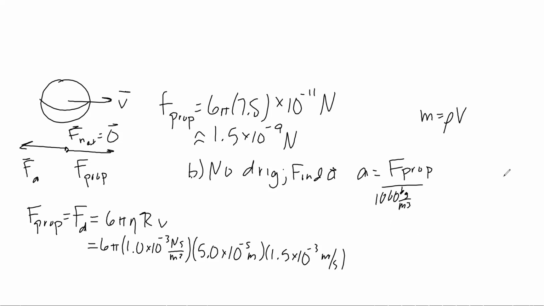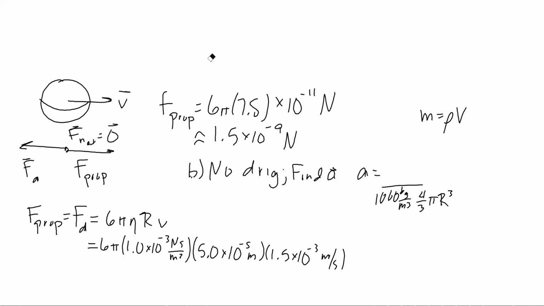The volume of a sphere is 4/3 pi radius cubed. And so even if you wanted to use the given values instead of the propulsion force, you can even just use variables and do some substitutions to get an answer.